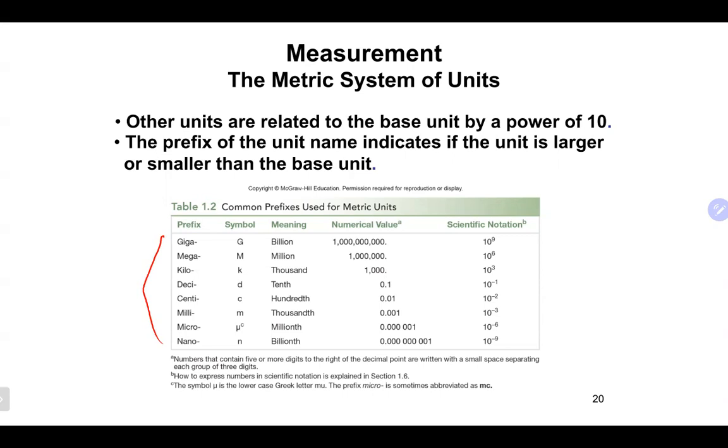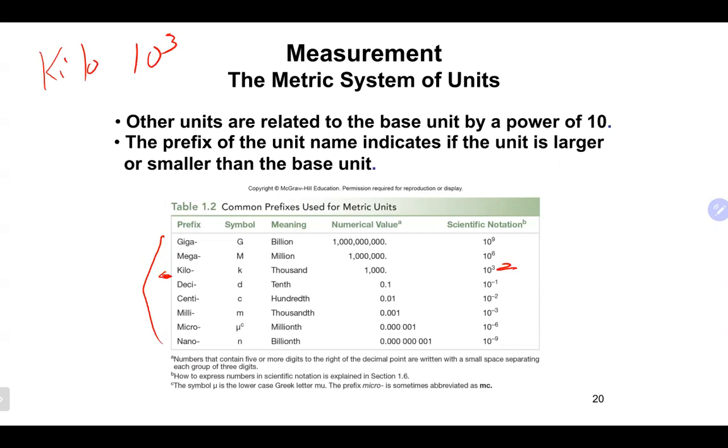So for example, if we look at kilo, it is equal to 10 to the 3. So the kilo prefix means 10 to the 3. By the way, 10 to the 3 is scientific notation. It is 1 times 10 to the 3, or 1,000 basically is what that means.